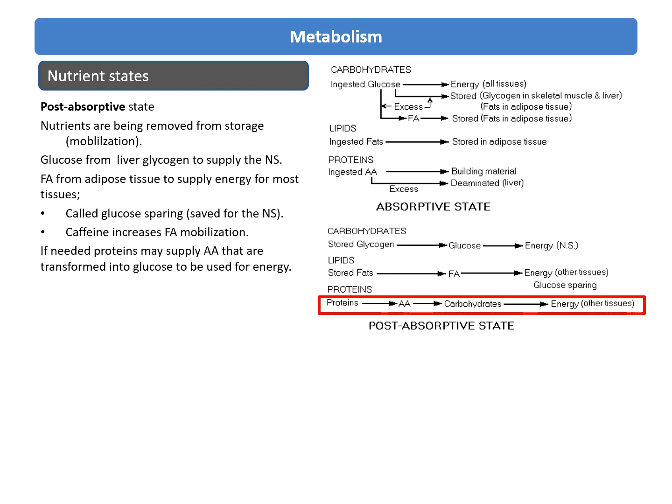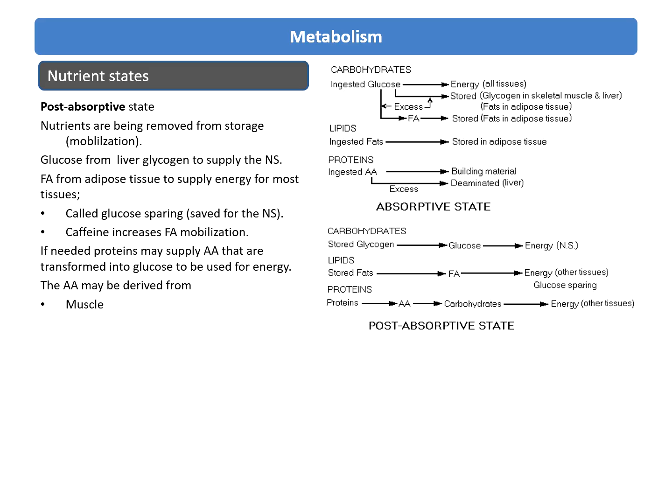If needed, proteins may supply amino acids that are transformed into glucose to be used for energy. This only occurs under very extreme conditions. The amino acids are derived from muscle tissue and from immune system tissue because the muscles contain a lot of protein and the immune system has rapid turnover of protein.